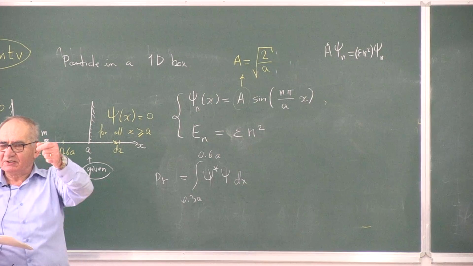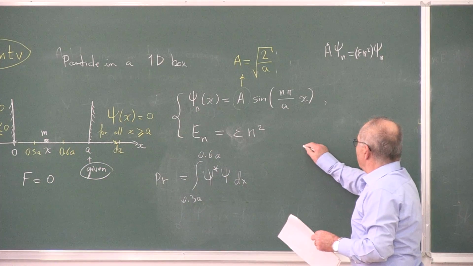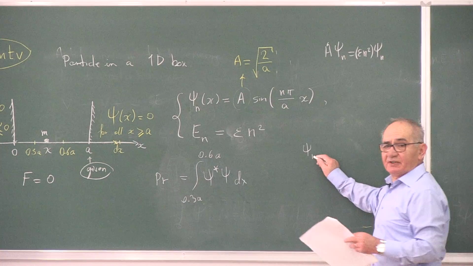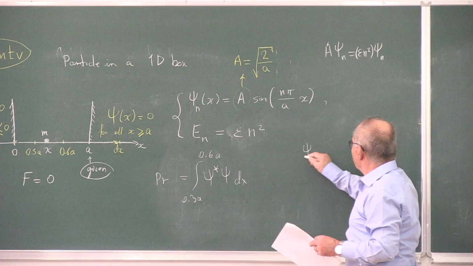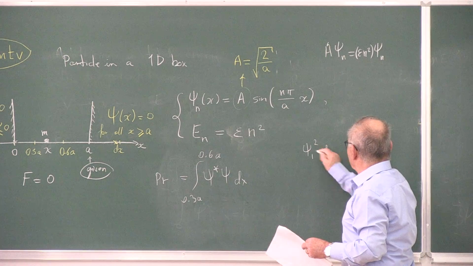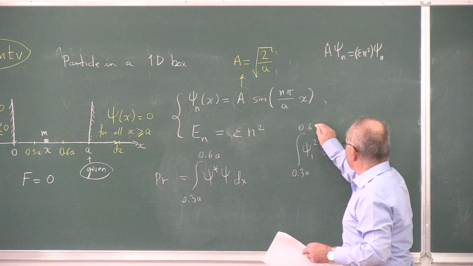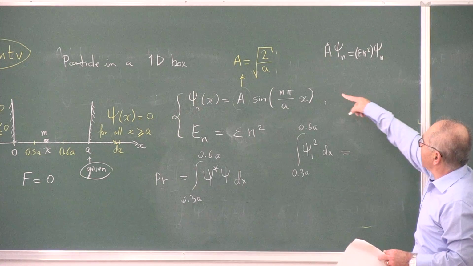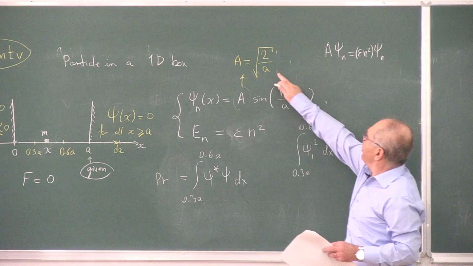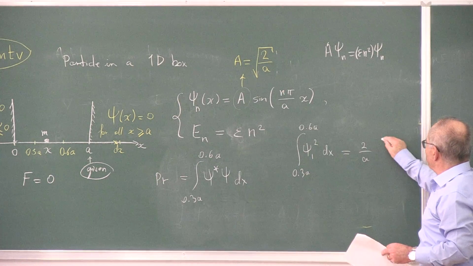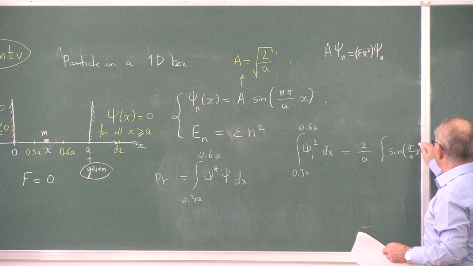For the ground state, what is the state function? It is psi 1, isn't it? In other words, when you put n equals 1 here. So, psi 1 square, from 0.3a to 0.6a. You substitute explicitly. The function must be normalized, and the normalization constant is that one, times sine squared of pi over a x.